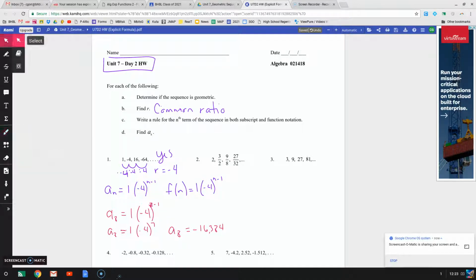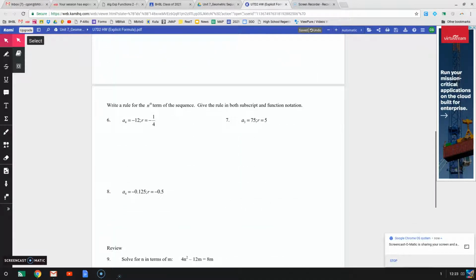Moving on to the back, taking a look at question 6. Question 6 says to write me a rule for the nth term of the sequence. Now notice that I've been given a sub 4. So what I need to figure out first is, what is my a sub 1 value? I can do this in a couple of ways, and one way is by using my formula.